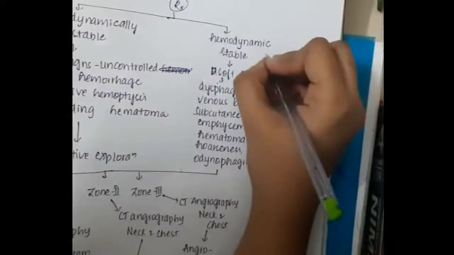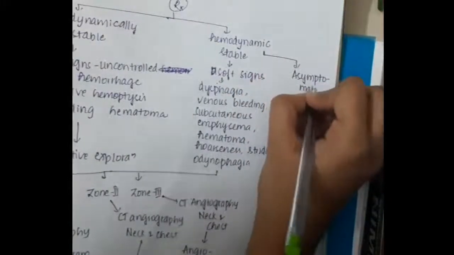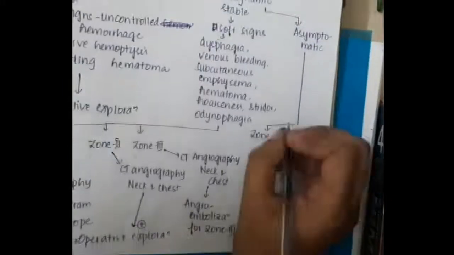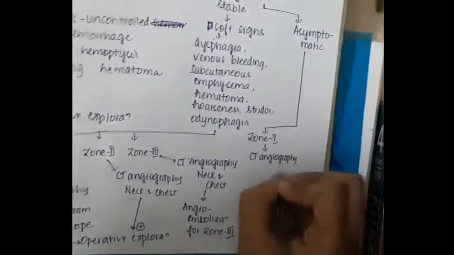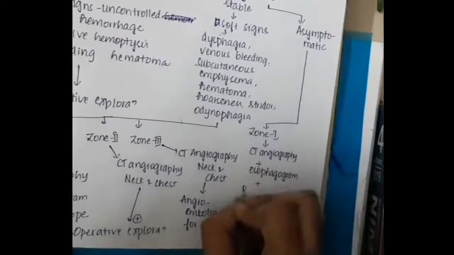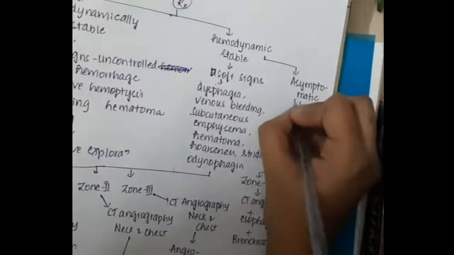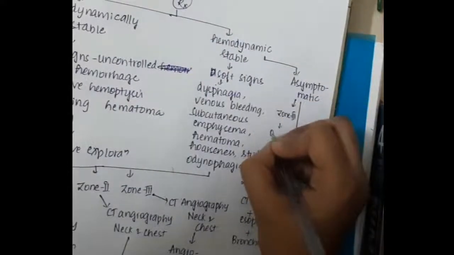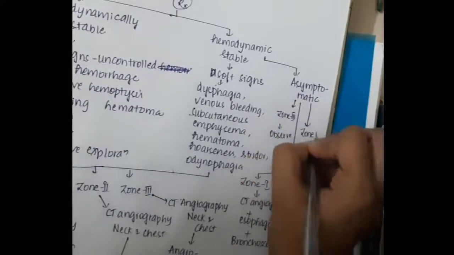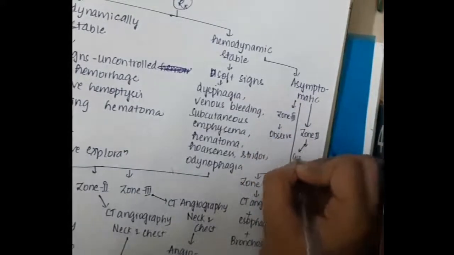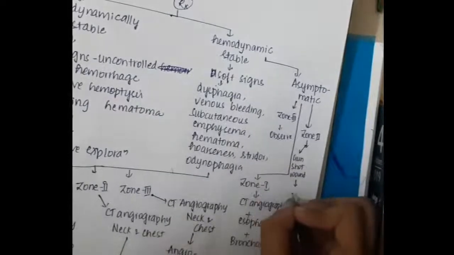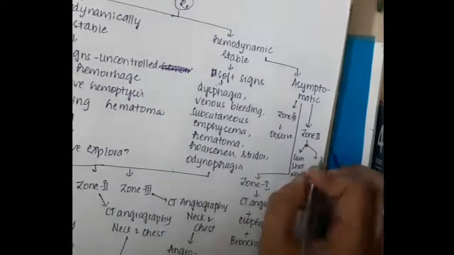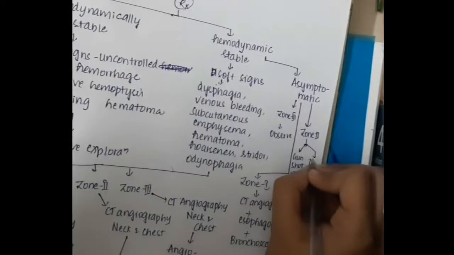Next, if the patient is hemodynamically stable and asymptomatic, then if it is zone 1, you should always rule out any injuries. So you do CT angiography, esophagogram and bronchoscopy. If it is zone 3, then you will have to observe the patient. If it is zone 2 and a gunshot wound, then definitely you should do CT angiography, esophagogram and bronchoscopy, because there is a chance that the bullet has entered any of these structures.